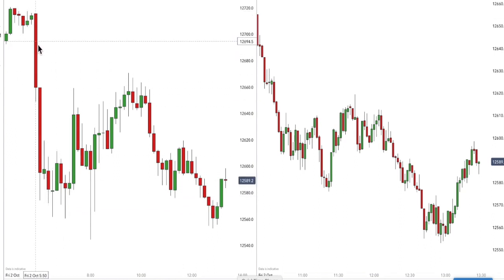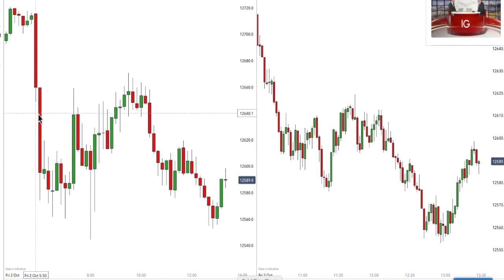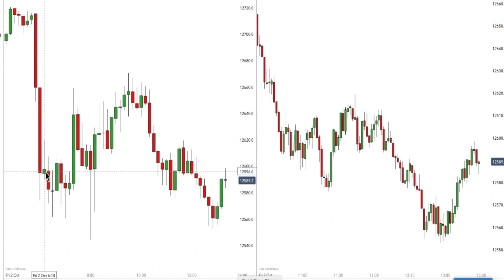You can see early on, this is 5:50 in the morning, big breakout, big red candlestick bars going down, and that gave us a clue as to what the day might be like, because obviously the market got to a level here and then it started going up.